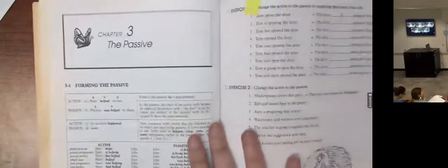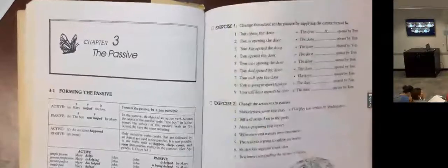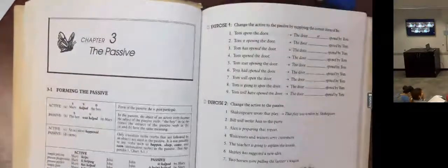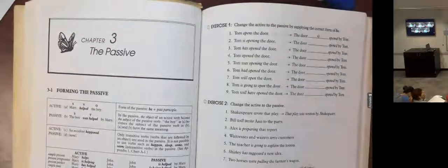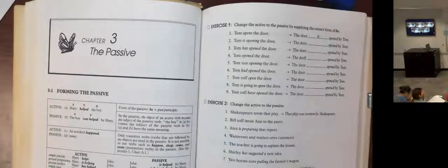And then you get to the really jolly fun part, which is pages and pages of fill in the blank, right? So exercise number 1, change the active to the passive. So Tom opens the door becomes the door is opened by Tom, okay? Tom is opening the door becomes the door is being opened by Tom, right?